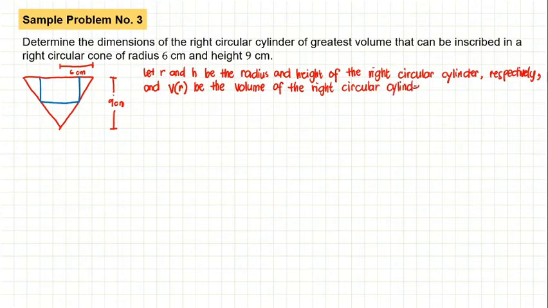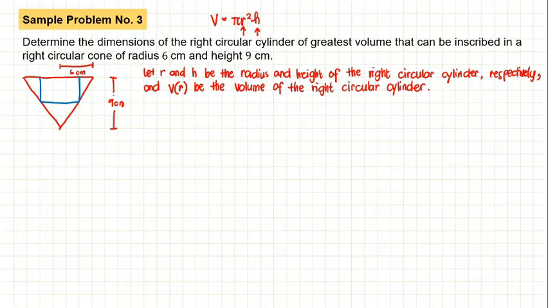Okay, so there. Take note the formula in finding the volume of a right circular cylinder is given by V equal to pi r squared h. So we need to know our radius and our height. And we need to express our height in terms of the radius.